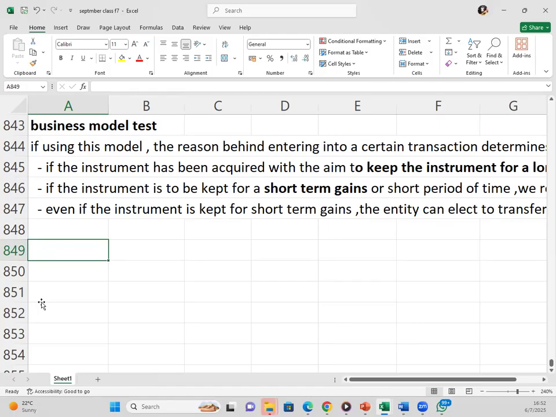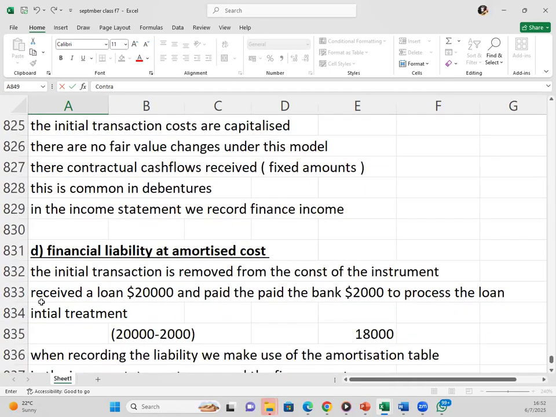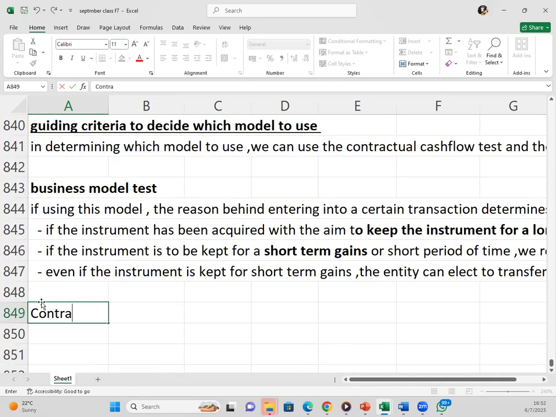Then we move on to the contractual cash flow test. So the business model test is mainly of help in determining whether this is going to be recorded as a financial instrument through profit and loss or through OCI. Then the other model is the one that tells us when we classify a transaction under amortized cost, like a financial asset or financial liability at amortized cost.